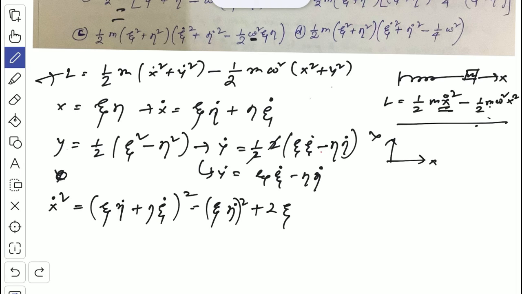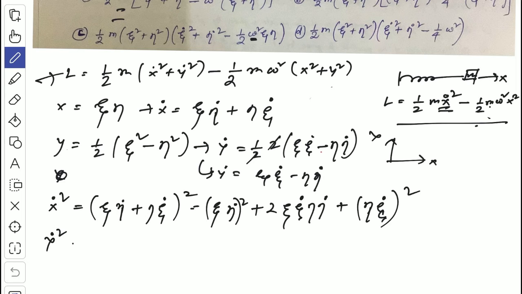Then if you square y dot, you will get xi square xi dot square minus 2 xi eta xi dot eta dot plus eta square eta dot square.